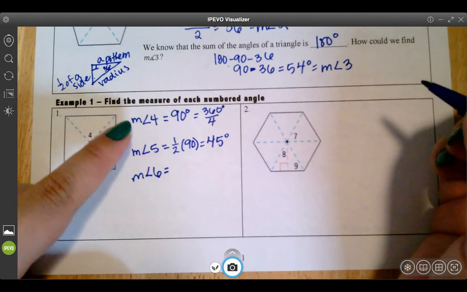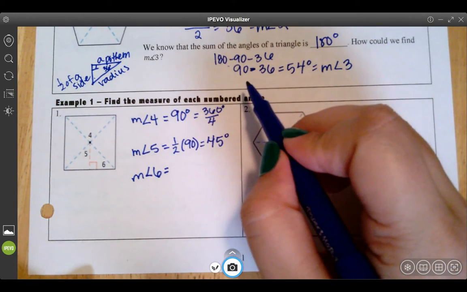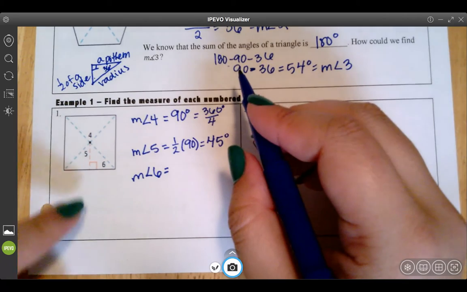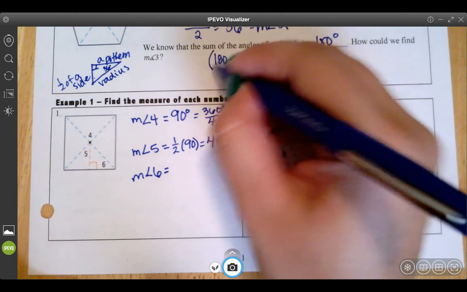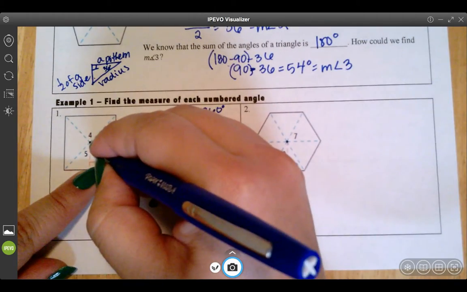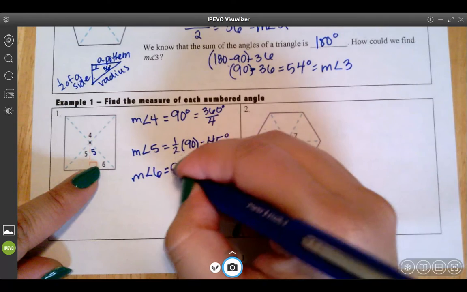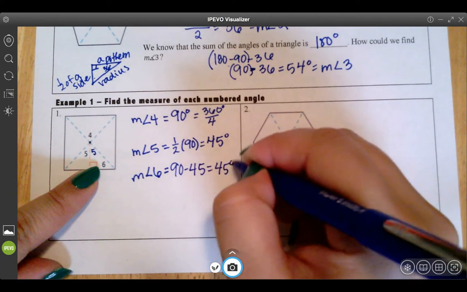But as we were saying above, anytime you have a right angle in your triangle, the other two must add to 90. So I'm going to skip that step. We're going to use the shortcut. 180 minus 90 will always give us 90. So we can say this is congruent to angle 5. 90 minus 45 equals 45 degrees.